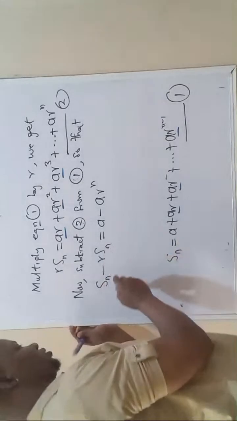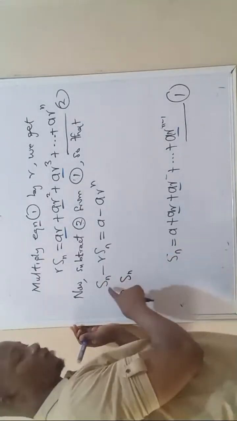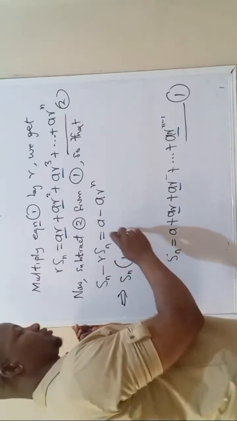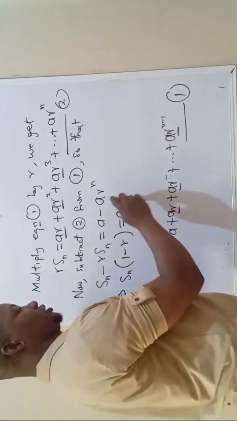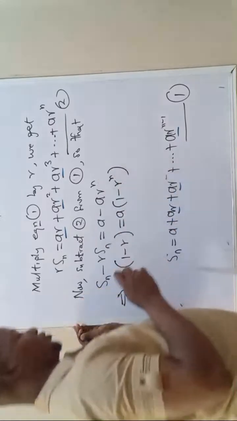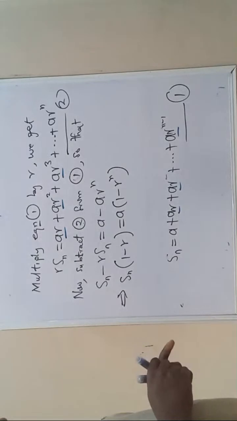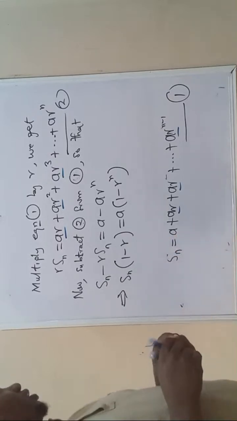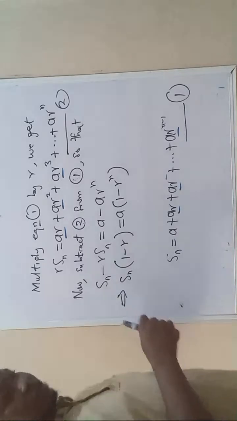So this implies that we can factorize Sn out, so that this will be this. And we can factorize a out, so that this will be this. Our aim is to find the partial sum of the sequence. So in order to do that, I want to make this a formula.